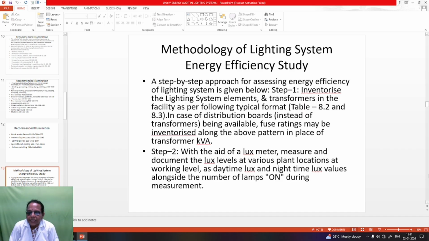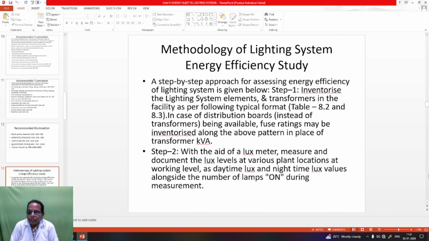Methodology for lighting system energy efficiency study: a step approach for assessing the general efficiency of the lighting system is given below. Step 1: inventorize the lighting system elements, such as transformer, in the facility as per the following typical format.